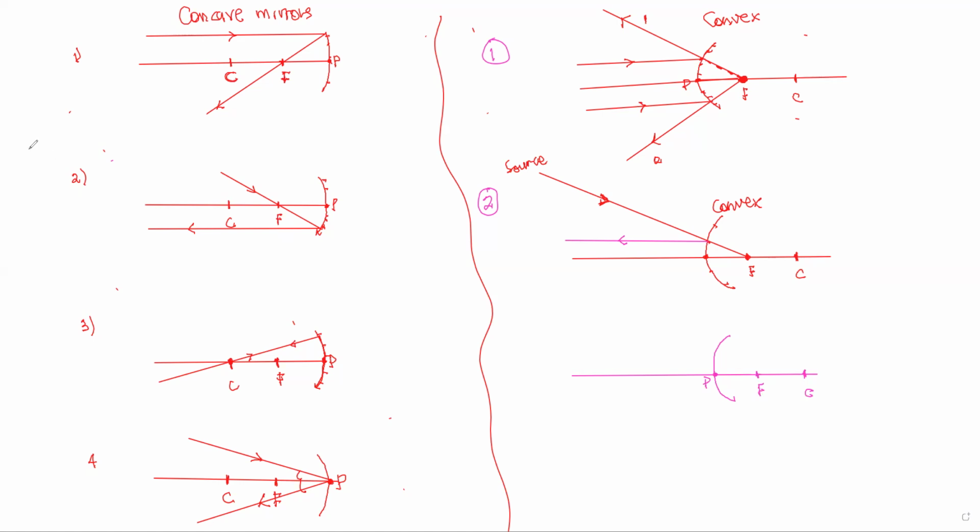A ray of light hitting the mirror at 90 degrees would pass through C and reflect back along the same path. So incident, reflection.